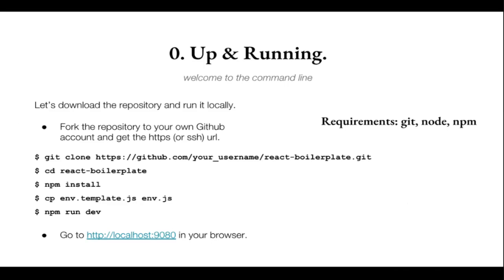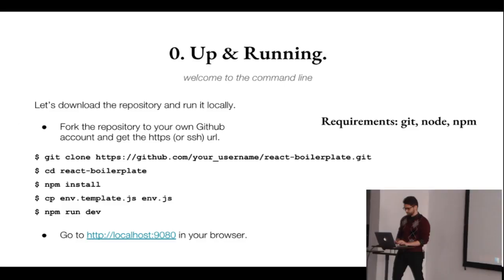Once you have a repository on your account, I've listed out 5 commands here. I'm not going to go into detail what these are. But in general, you're downloading the repository, you're installing your dependencies, and you're just running the application. That's all this is really doing.